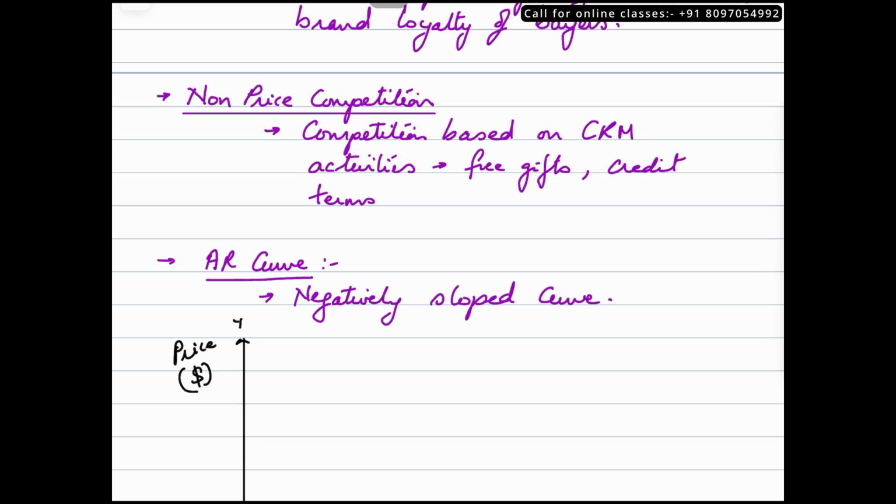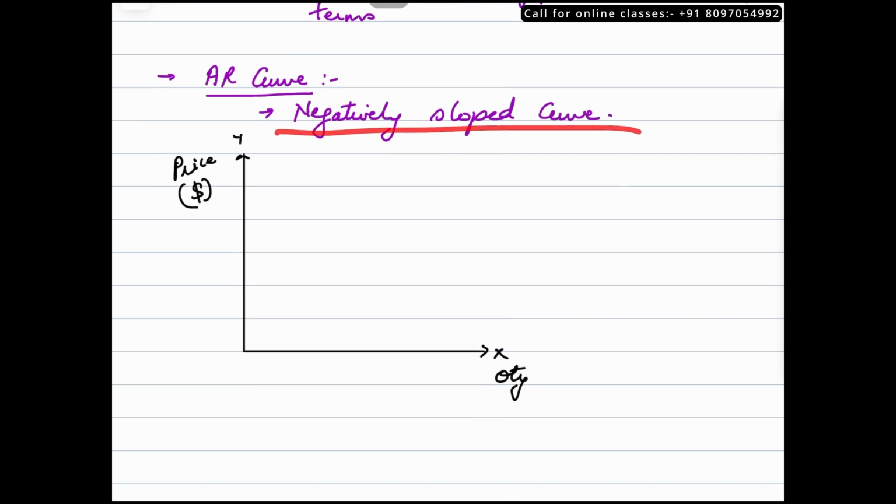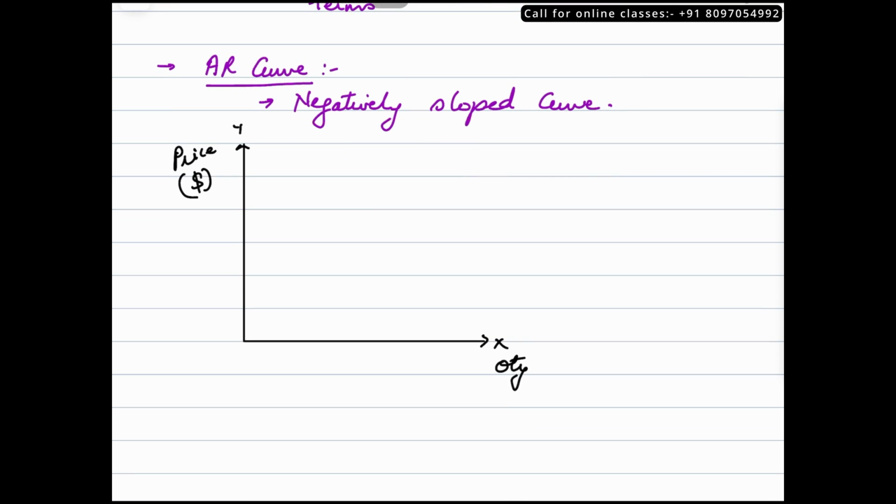The average revenue curve in this market is a negatively sloped curve. What does this indicate? It indicates that when price falls, they'll be able to sell more, quantity would go up, and when price goes up, quantity sold would be less. That would give me a downward sloping average revenue curve.